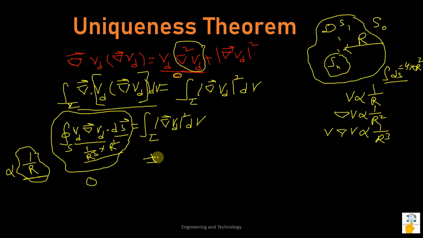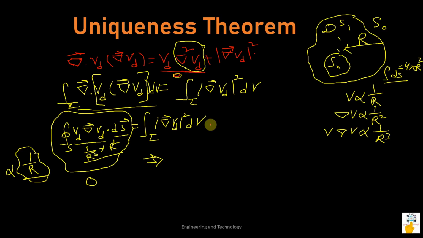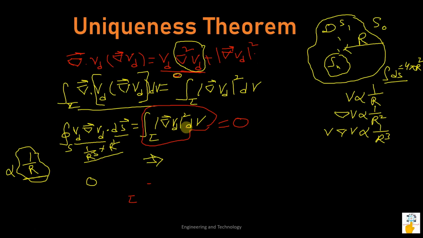So it implies that this whole term will be equal to 0. So this equation is only satisfied when this Vd is equal to 0.